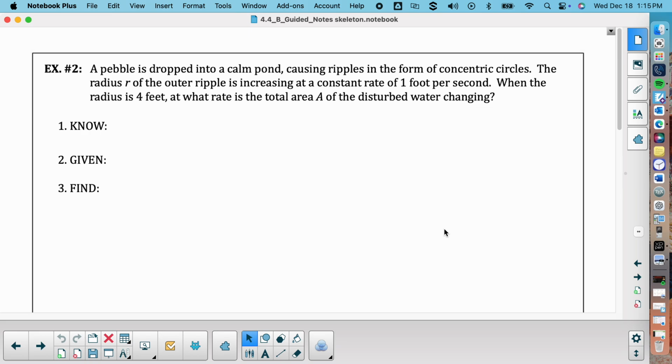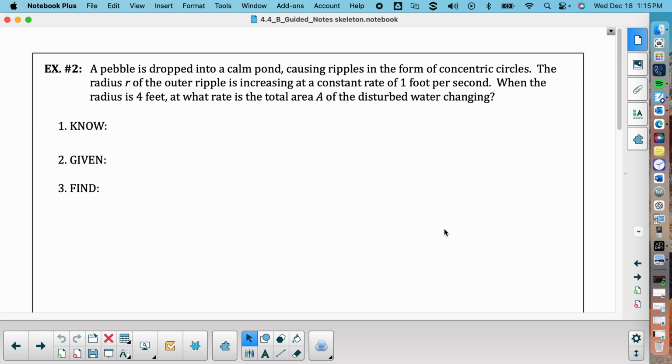So this one says, a pebble is dropped into a calm pond, causing ripples in the form of concentric circles. The radius r of the outer ripple, which, FYI, it doesn't matter which ripple it is, they're all going to be the same. The radius r of the outer ripple is increasing at a constant rate of 1 foot per second.